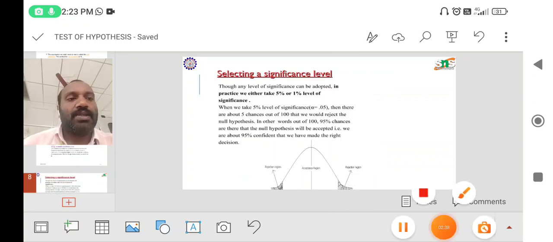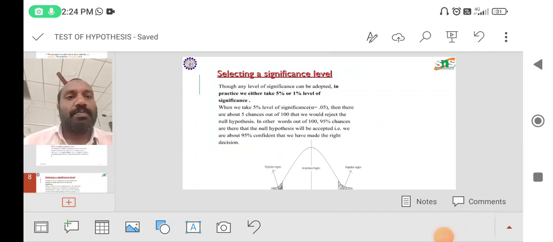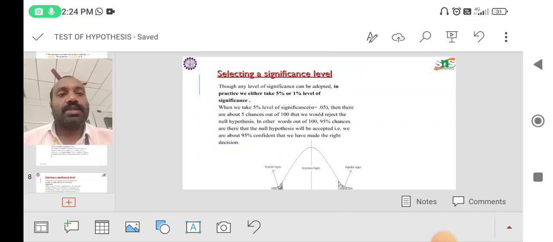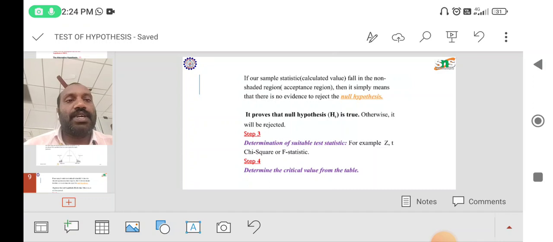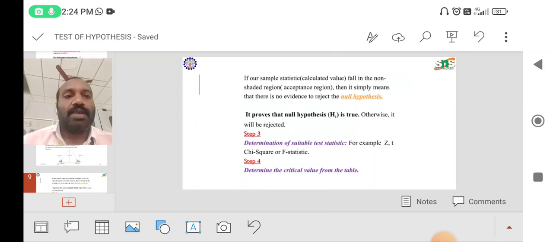When selecting a significance level, it is the practice to take 5% or a minimum of 1% significance. If the sample statistic falls in the non-shaded region, it simply means there is no evidence to reject the null hypothesis.